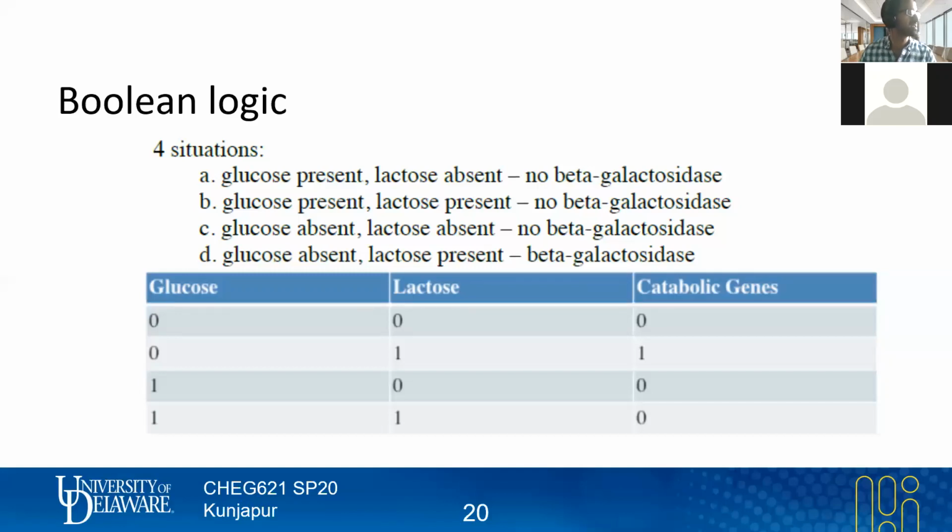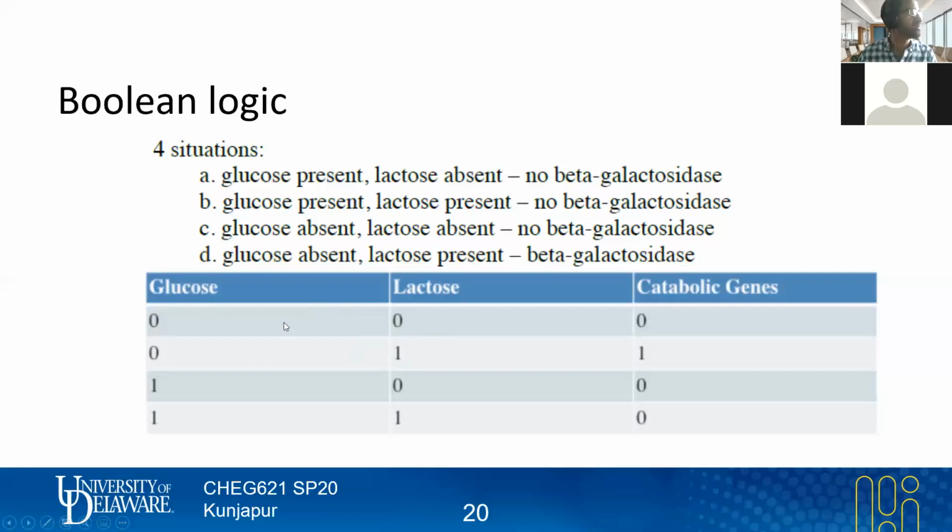And so what's shown here is a representation in zeros and ones that starts to bridge this idea of the logic that exists in some natural genetic regulatory networks with concepts from electrical engineering and computing, where binary code is very common.